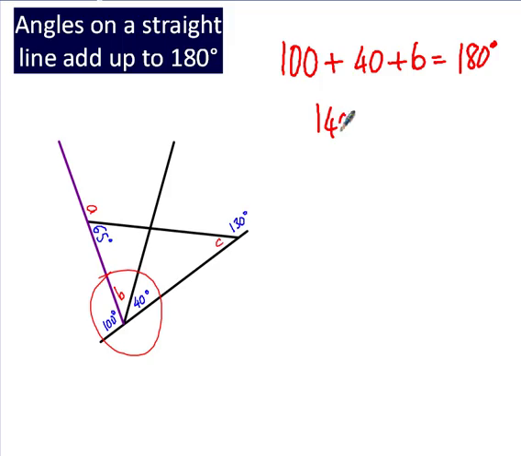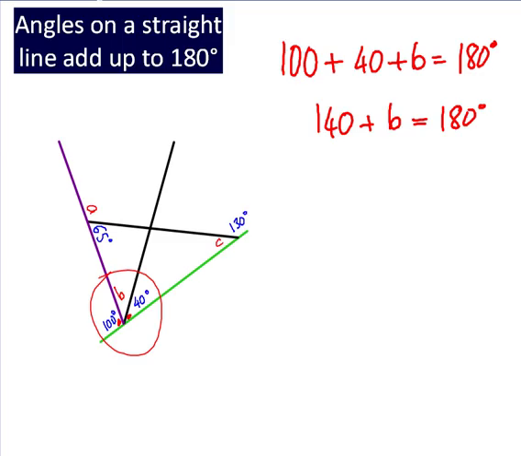So 140 plus B equals 180 degrees. So all I've done so far is I've just added this angle and this angle together and found that they in total added up to 180 degrees. So I should have made it really clear right at the beginning that I'd spotted a straight line. Okay, that green line is a straight line, and 100, B and 40 are all lying on it. So in total they're going to make 180 degrees. So 140 plus missing angle B equals 180 degrees.